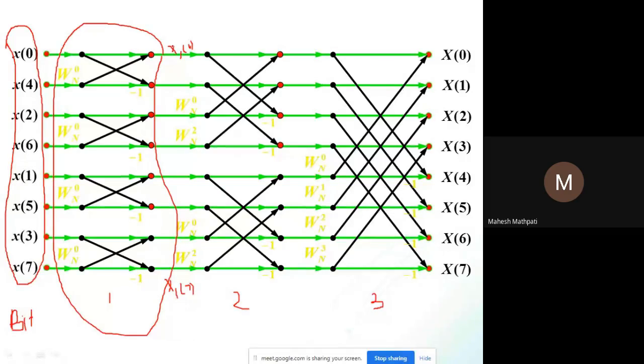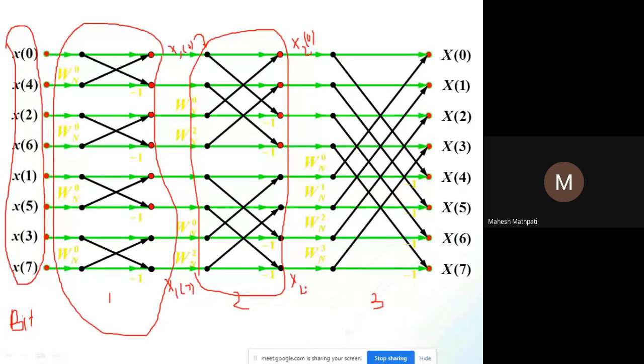Once you calculate this output, this output will become the input to this stage. ठीक है, मतलब the output of the first stage will be the input for the second stage. तो ये output हम बाद में calculate कर रहे हैं. We are calculating the second output, and we write it as the second stage, x2 of 0 up to x2 of 7.